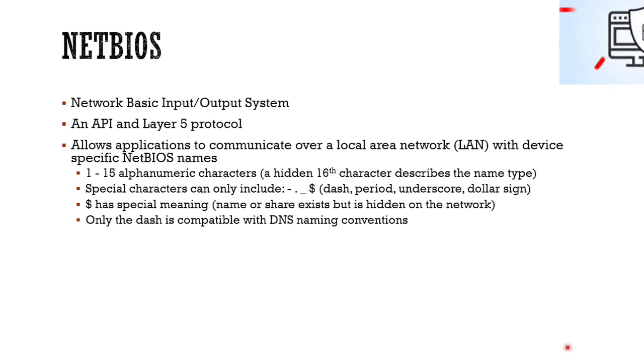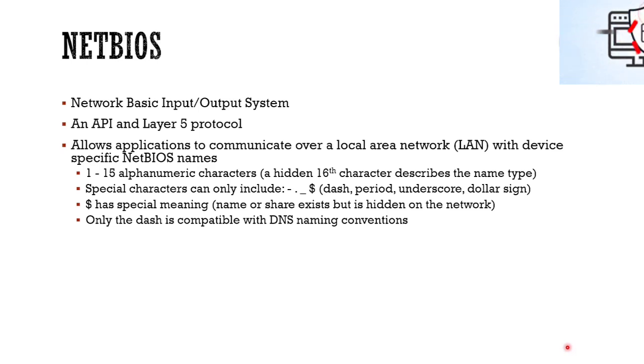It's broadcast-based. It allows computers to find each other and communicate using NetBIOS names, the old Microsoft-style names. Now, these names had limitations. For one thing, you could only use letters and numbers, and I think you had to start with a letter. And you certainly couldn't start with a special character.